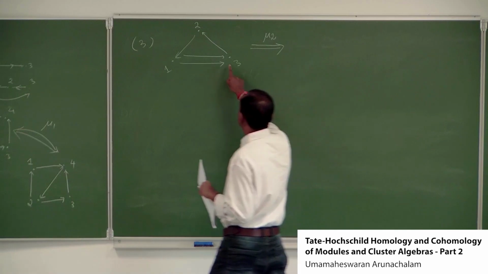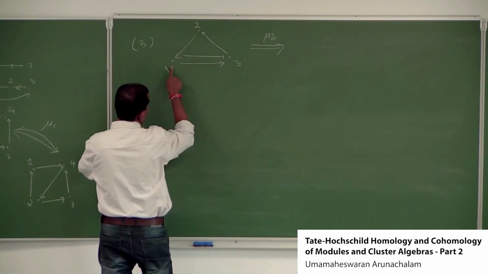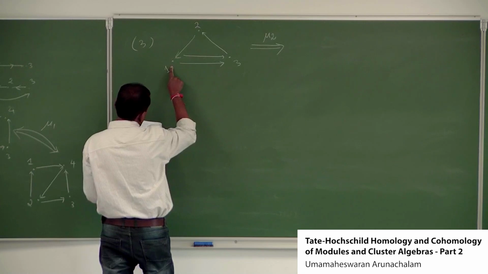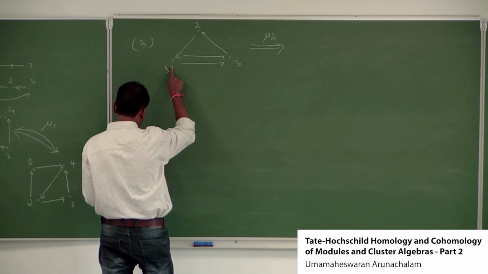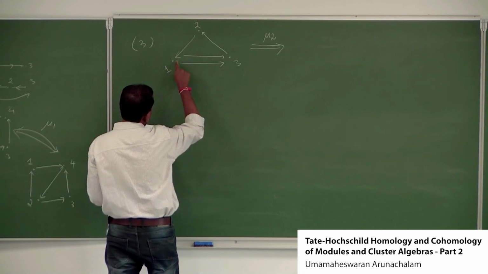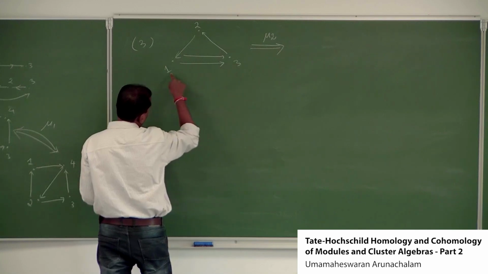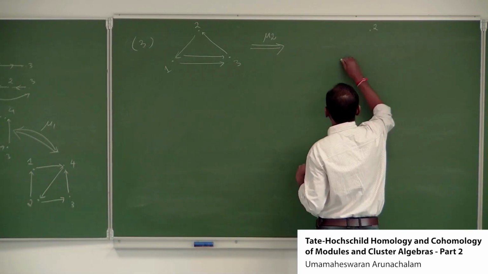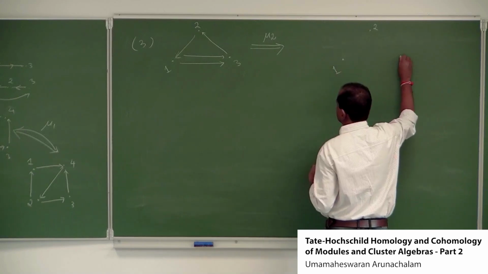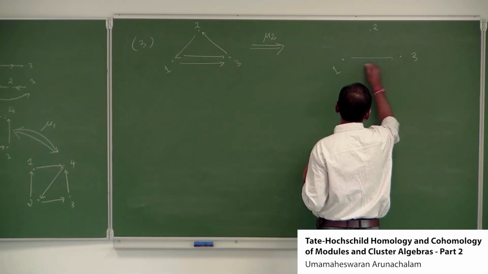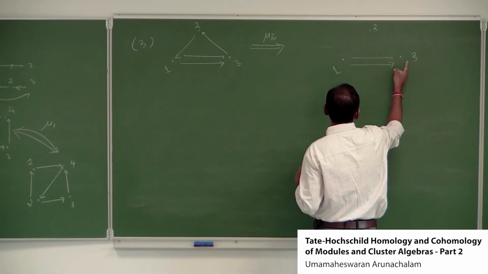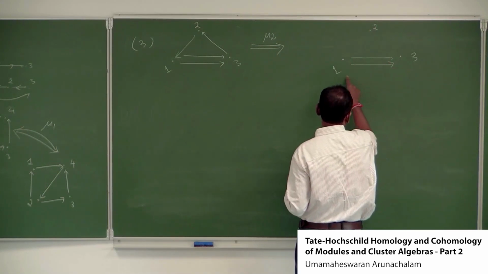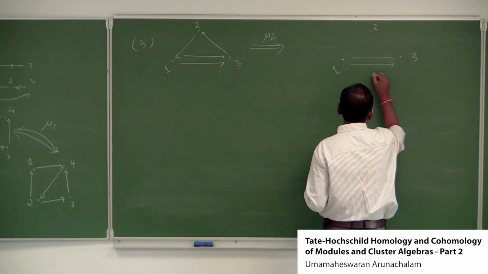You can see 3 to 2 and 2 to 1 is coming, so we have to make 3 to 1. Already we have two arrows here, 3 to 2 one arrow and 2 to 1 one arrow. So we make 3 to 1 from the first condition.